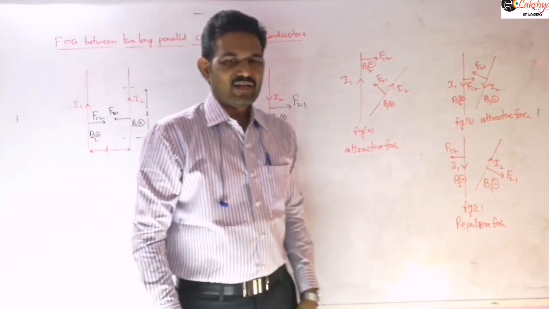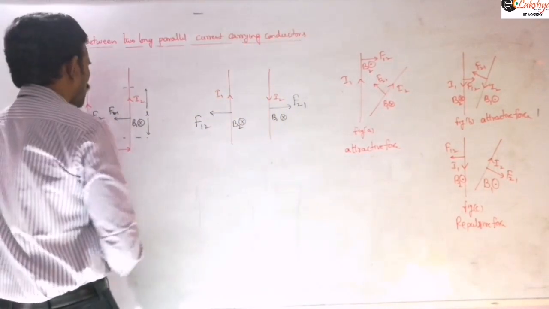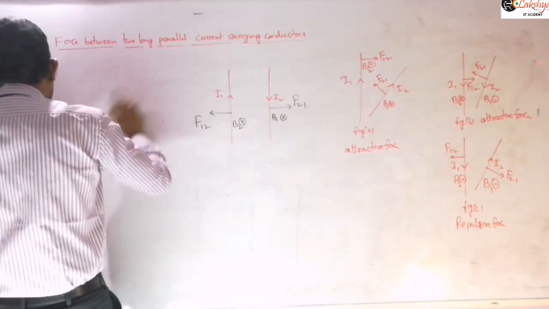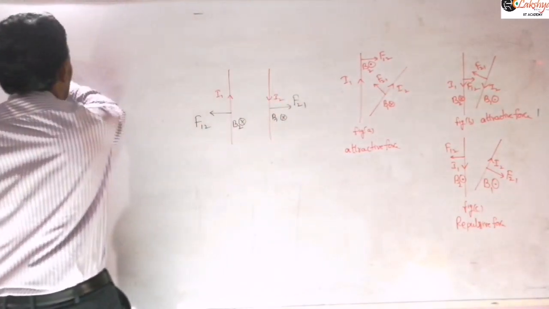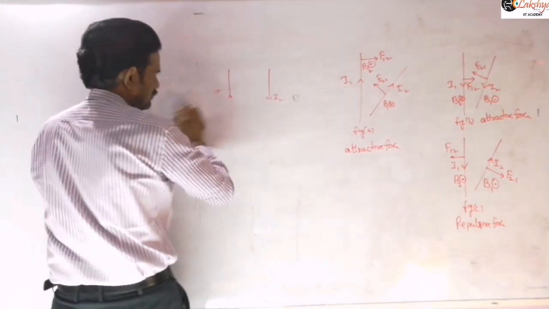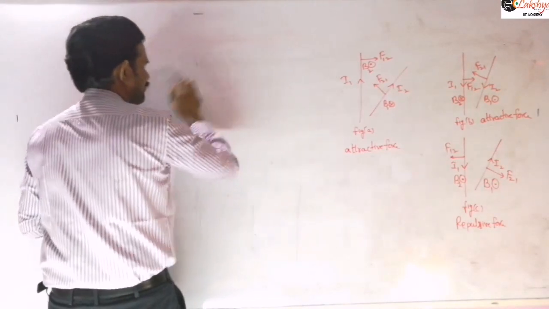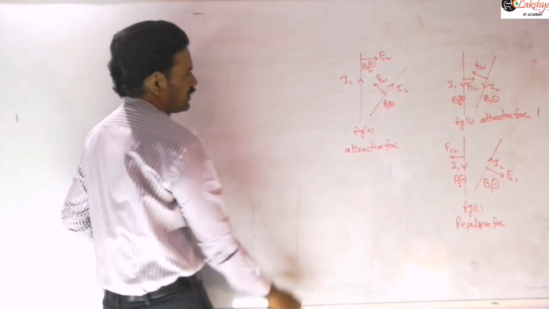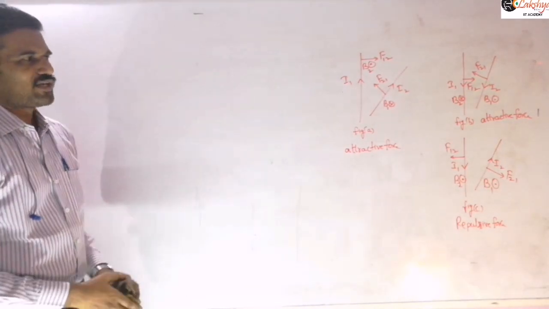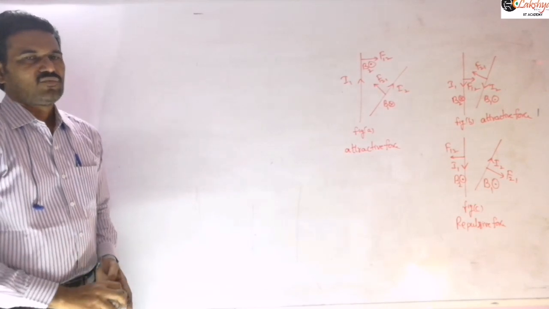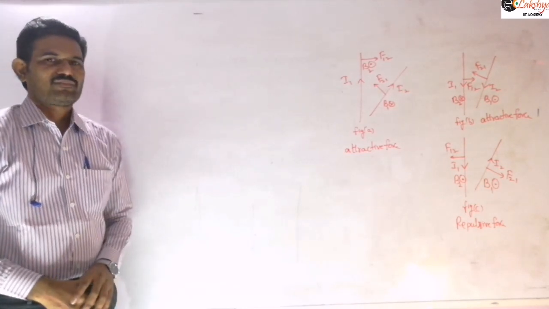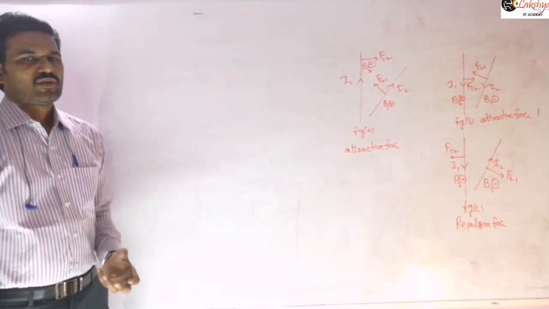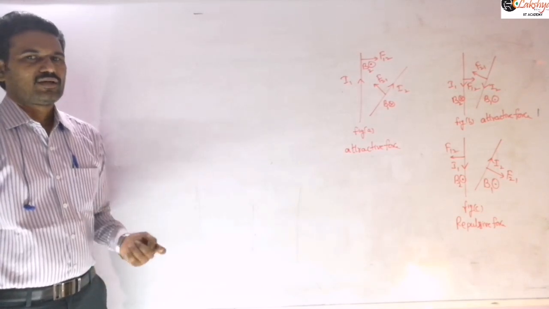In case of non-parallel conductors, the magnetic force between them will be attractive when the current in both the conductors is either converging or diverging.